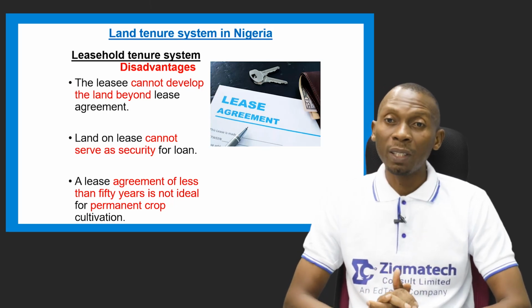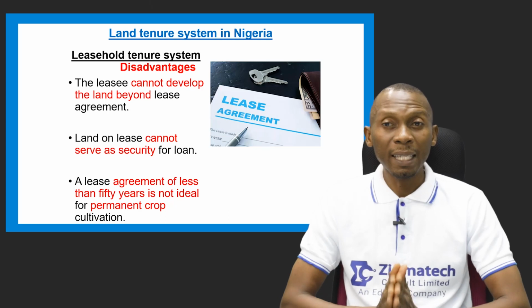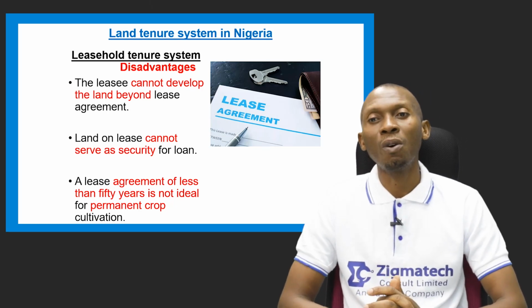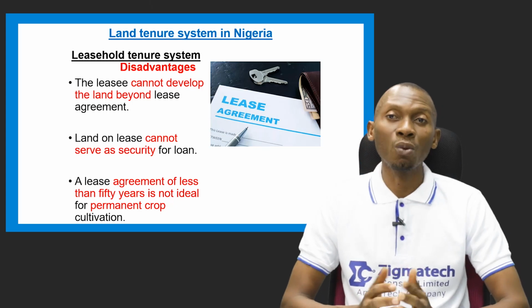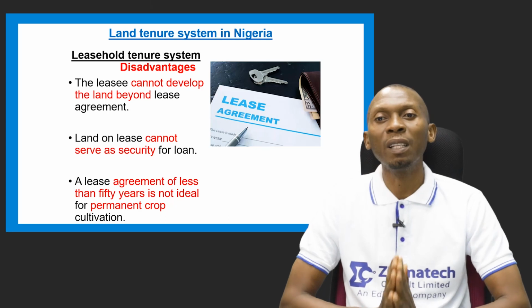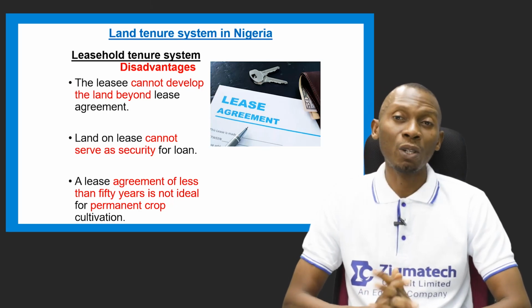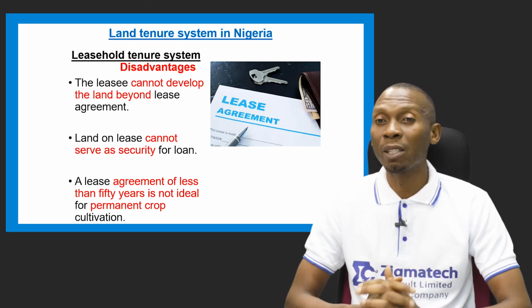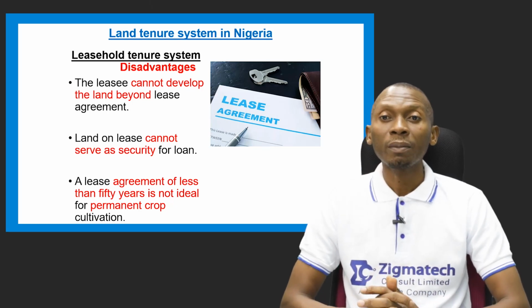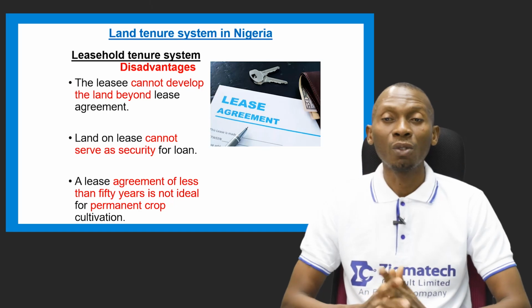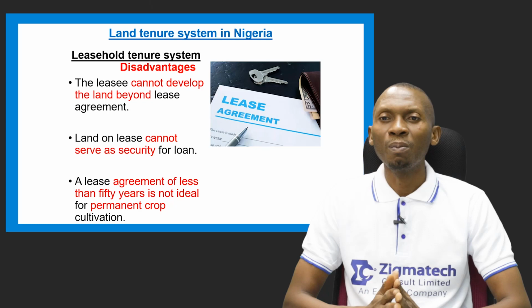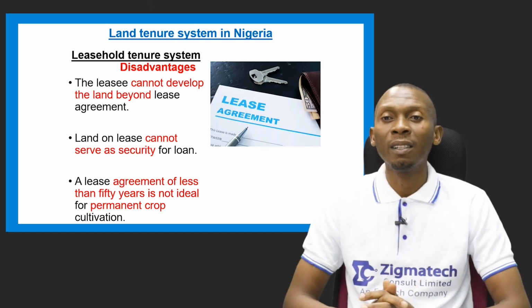Another disadvantage here is that a lease agreement of less than 50 years is not really ideal for permanent crops. Yes, we said he could go into permanent crop production, but it's not really ideal if the lease is less than 50 years, because some of these permanent crops take years to mature. For example, cocoa takes about 3 to 5 years before it starts fruiting.